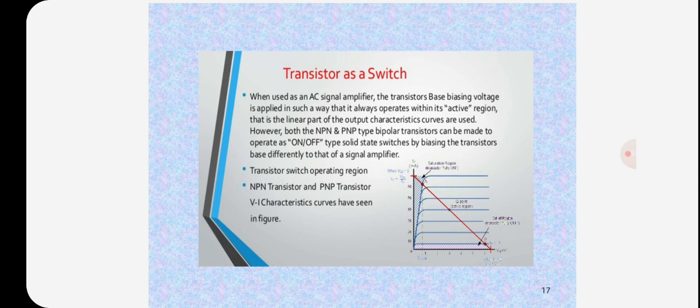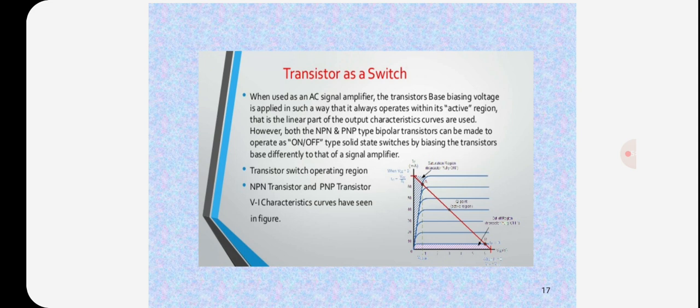However, both the NPN and PNP type bipolar transistors can be made to operate as on or off type solid state switches by biasing the transistor's base differently to that of a signal amplifier.